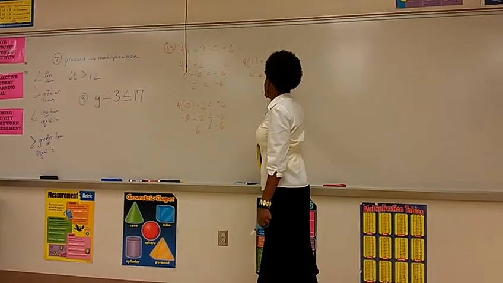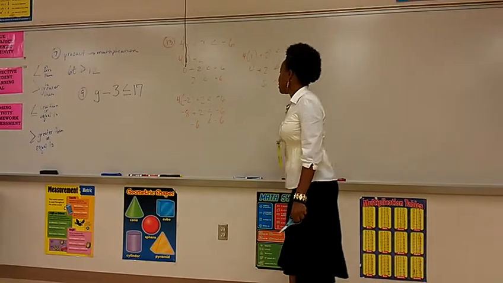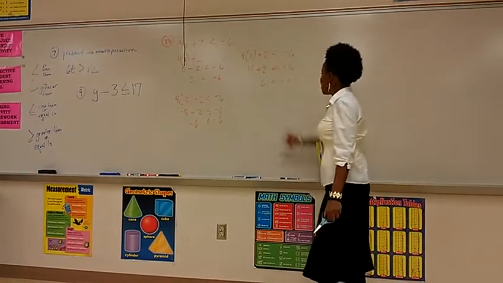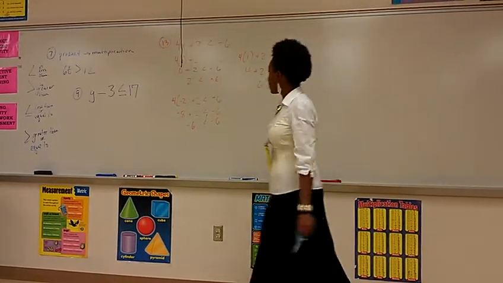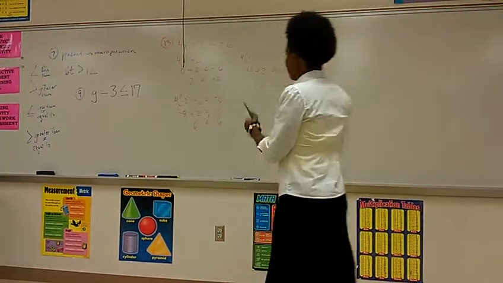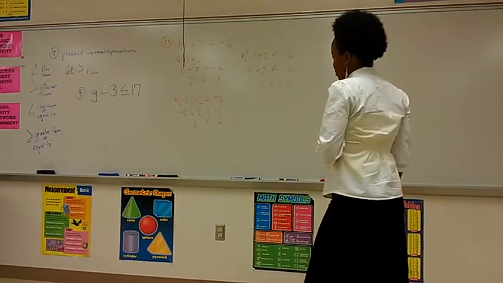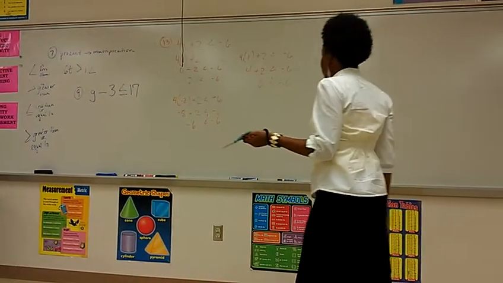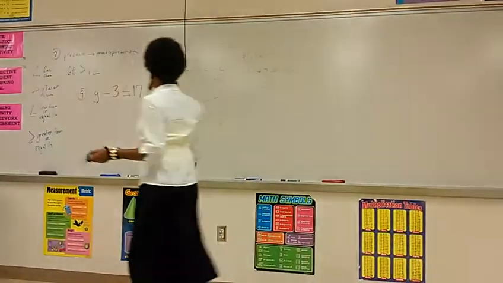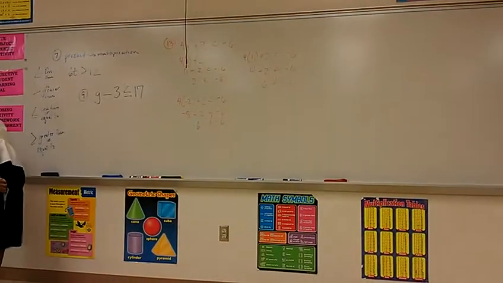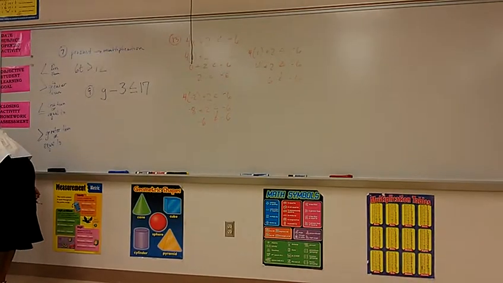Is 6 less than negative 6? No. So, either I did something wrong or we did something wrong. The first one I did right, the second one I did right, and the third one I did right. So maybe there's no solution.